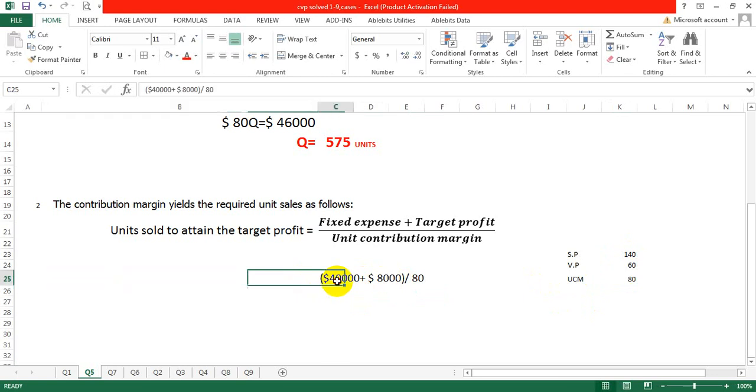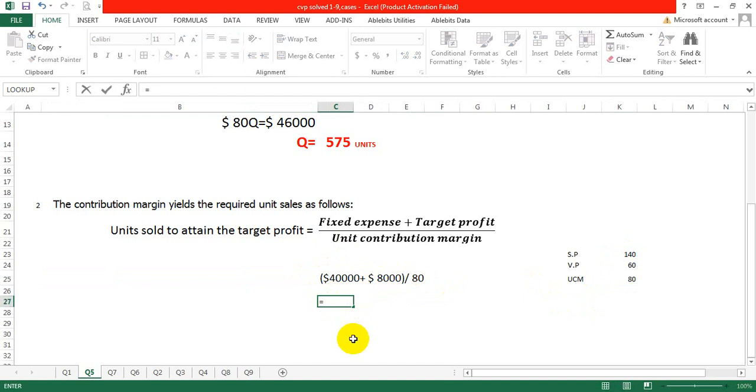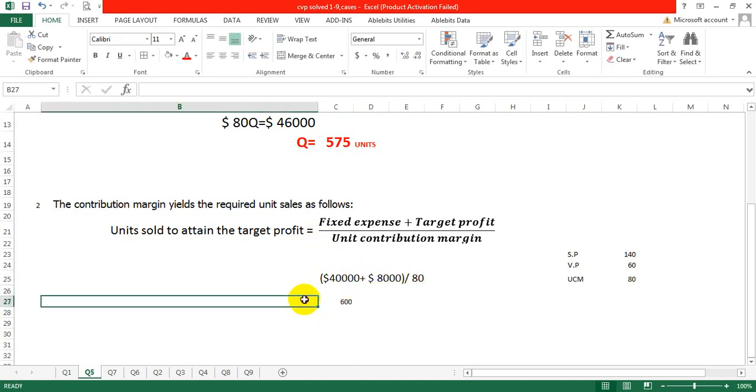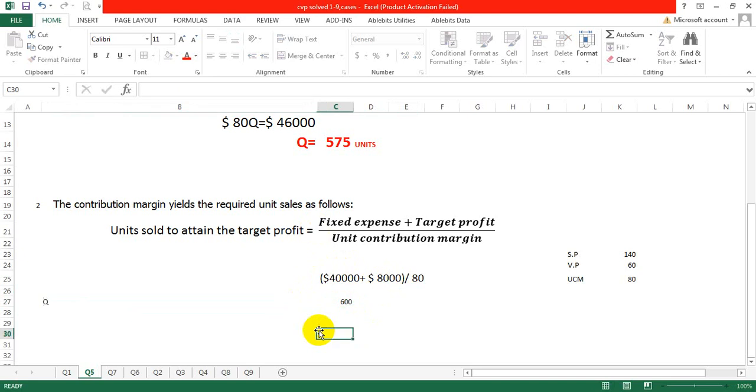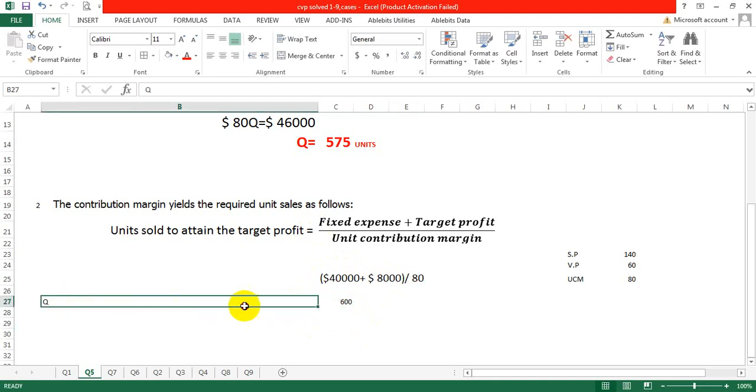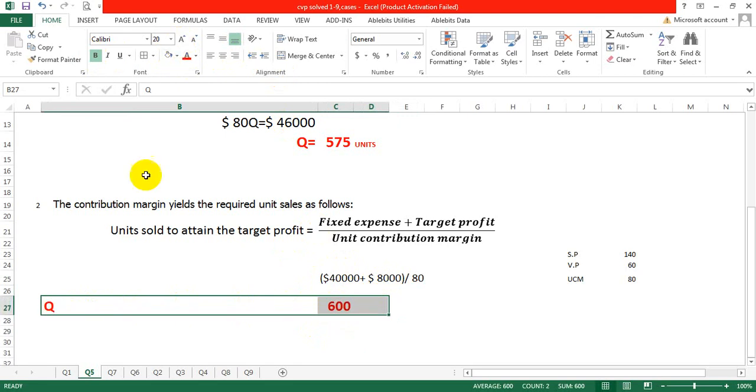So I will divide 48,000 by 80. 48,000 divided by 80, so my units, or the quantity needed to attain the target profit, is 600.